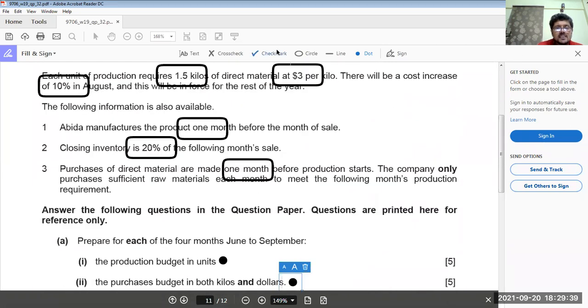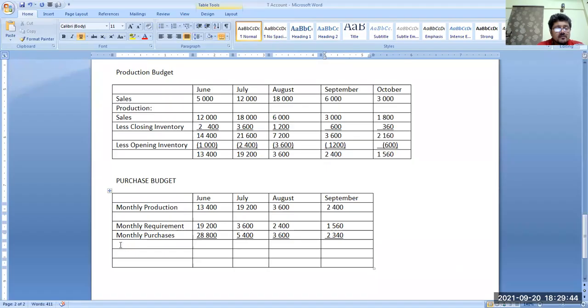Now, purchase price for each product is how much? $3. Done. So cost price will be $3. 28,800 multiplied by 3 is 86,400. This is your monthly purchases.